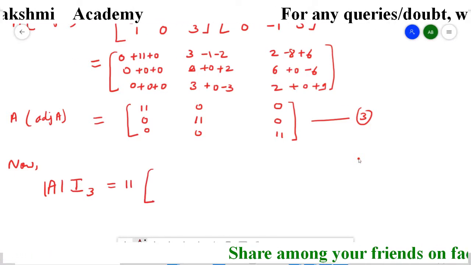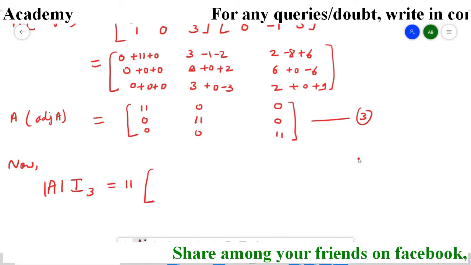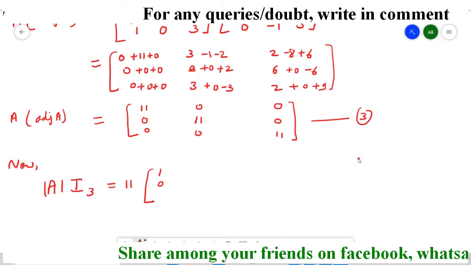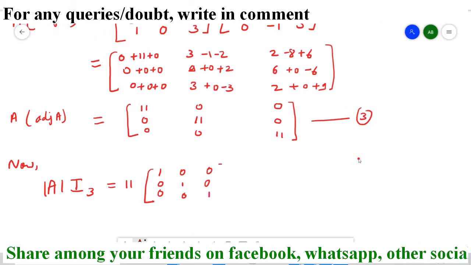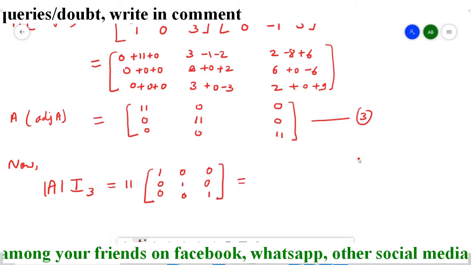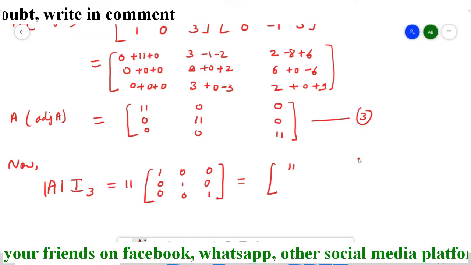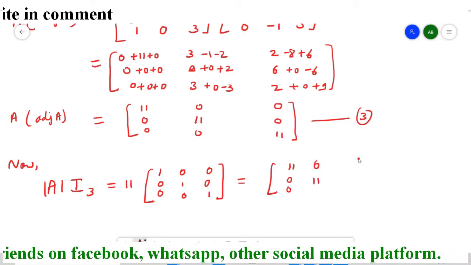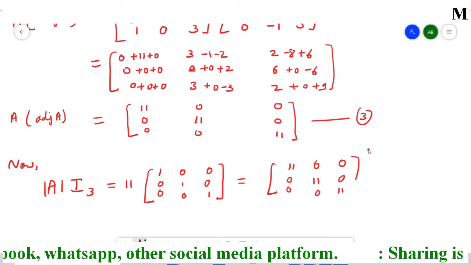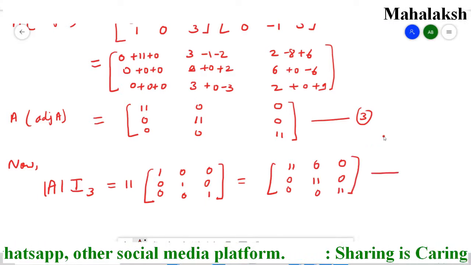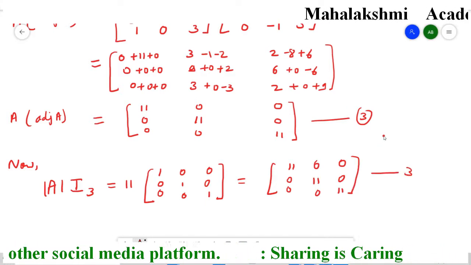I3 means the 3 by 3 identity matrix. So just create it. When you multiply, you will get here 11 0 0, 0 11 0, 0 0 11. That is our equation 4.